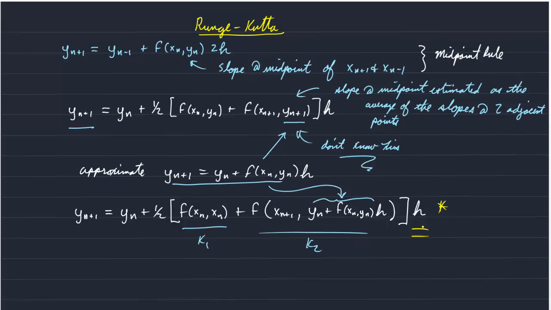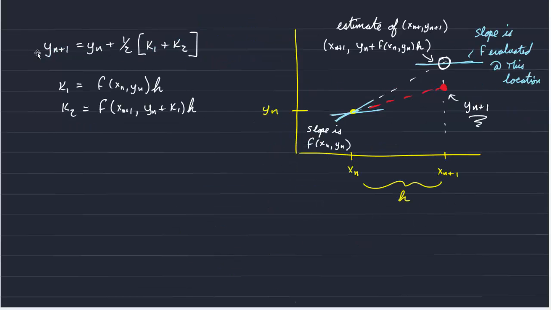So we have to multiply by h, and this is the mean slope. Okay, that is an important correction. So this is how we would write out the second order Runge-Kutta method.